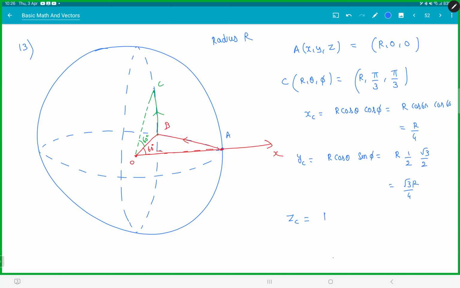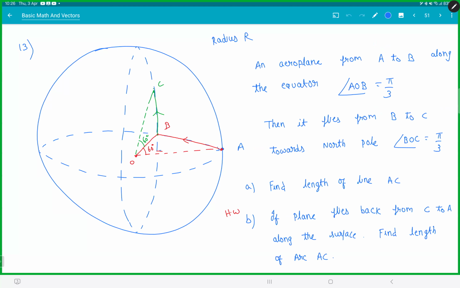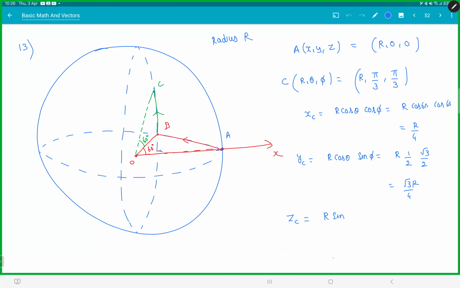Z coordinate of C is R sin theta cos phi. Wait, I did something wrong here. Luckily, since both are 60, the answer worked out. This is R root 3 by 2. All got the coordinates?